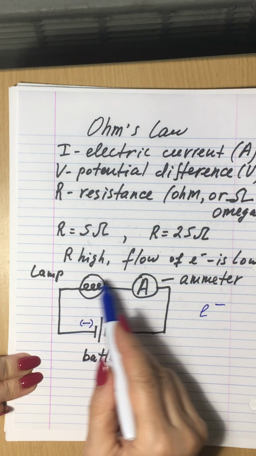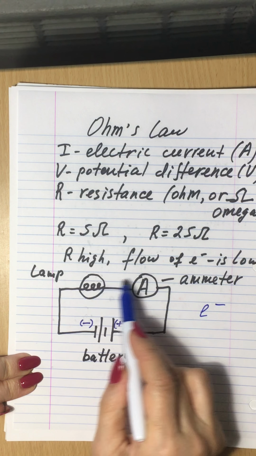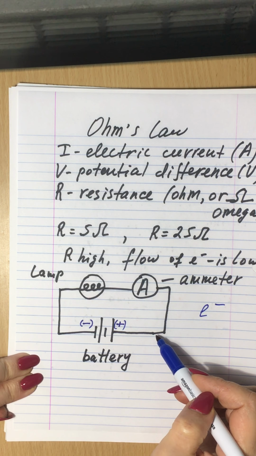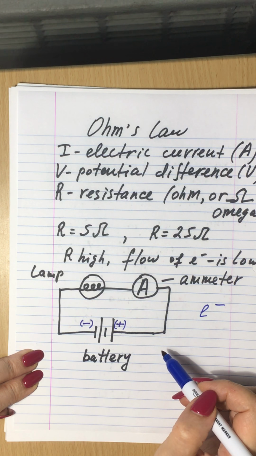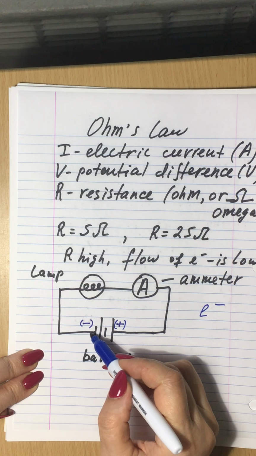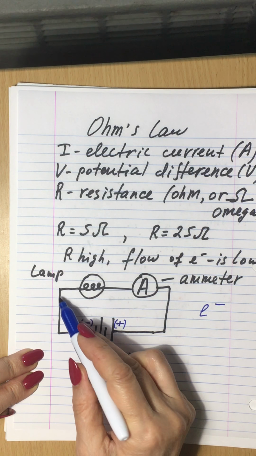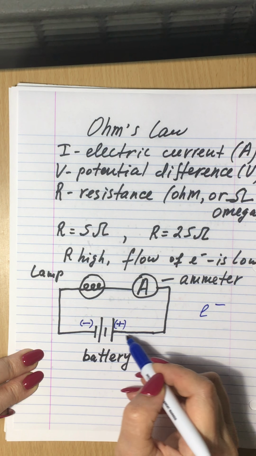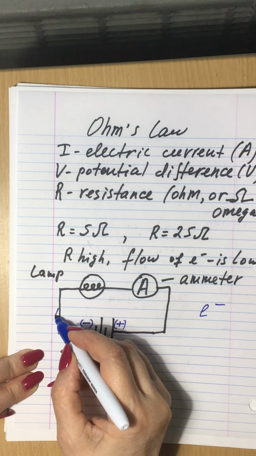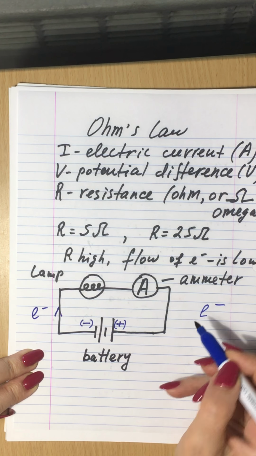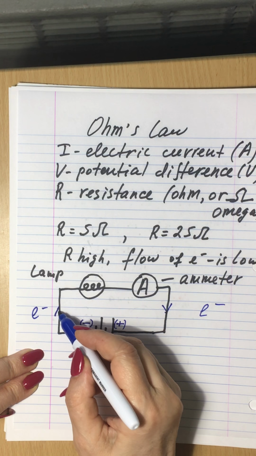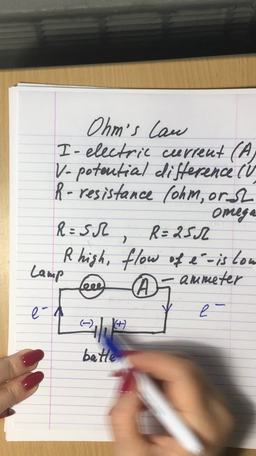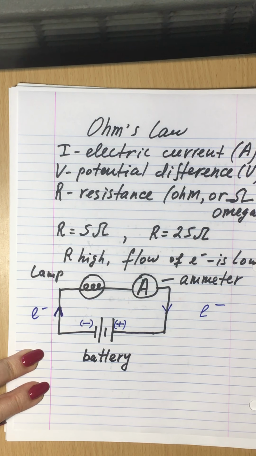So once you connect everything in one complete circuit, or we call it a closed circuit, electrons start moving here, and they will repel from the negative terminal and will be attracted to the positive. So that means negatively charged electrons will flow in a clockwise direction in this circuit. Okay.